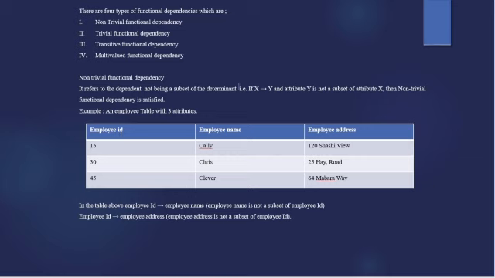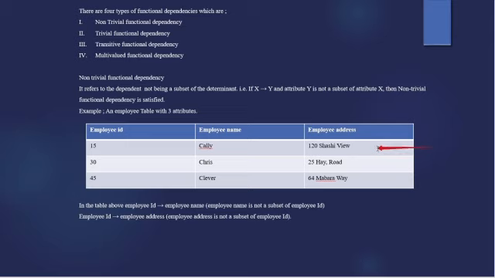Remember, employee ID, employee name, and employee address are our attributes, all of these 3, and this information, 1530, 45, Kali, Chris, Clever, 120, Shashi, 25, Hale, 64, Mabara, are the instances of the 3 attributes.